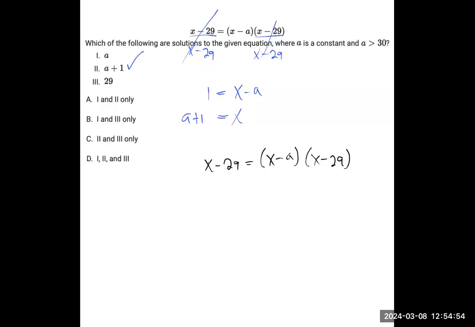And if we just take away x and add 29 to both sides, we'll have this whole thing minus x plus 29. So now we have it organized like that. And if we factor out a minus 1 right here, that'll leave us with x minus 29.